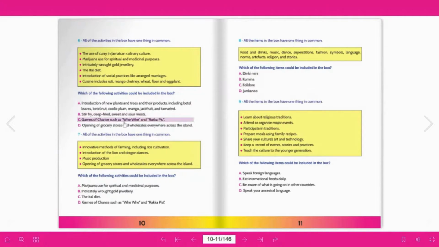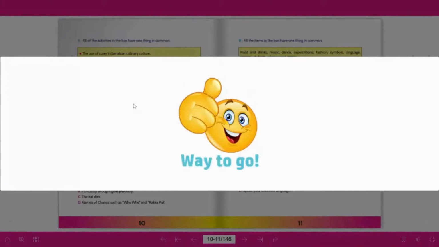Games of chance, such as wee wee, that's the Chinese again. Opening of grocery stores and wholesales everywhere across the island, that's the Chinese. If you jump up to A now, introduction of new plants and trees and their products, including betel leaves, betel nuts, coolie plum, mango, jackfruit, and tamarind. Those are items that the East Indians introduced to Jamaica. So this will be your answer.